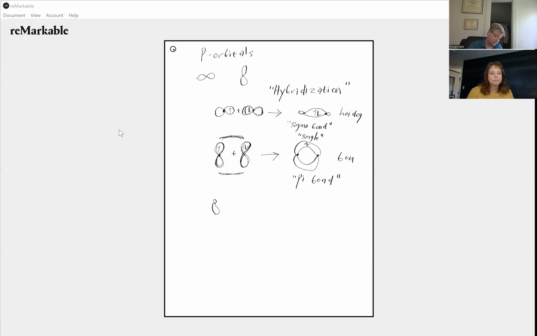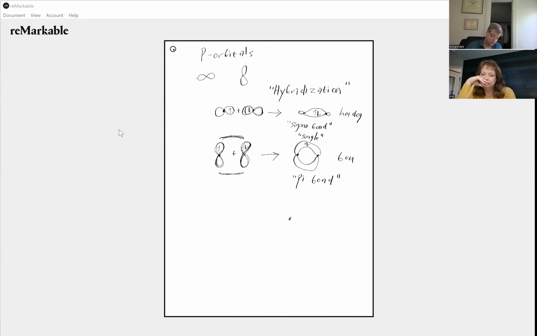Man, that is hard for me to do. I don't know why my eraser is not working very well. See, I can't even draw it. So we have one of them oriented this way. That's still a p bond, so we're still going to overlap like this. So the third bond is also a pi bond, but one of the lobes is going to be in front, like this.